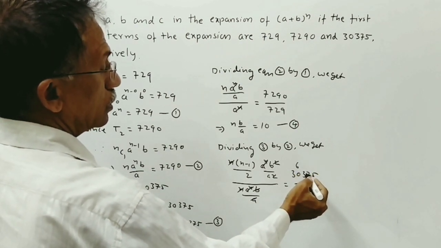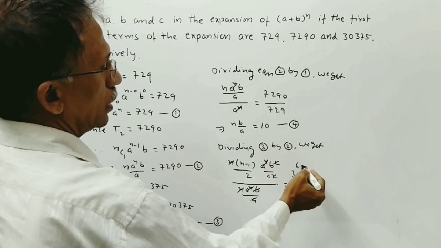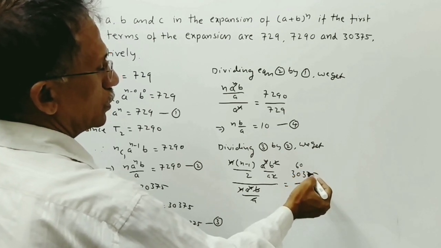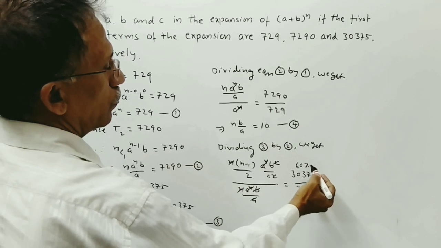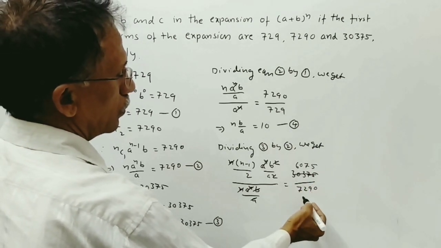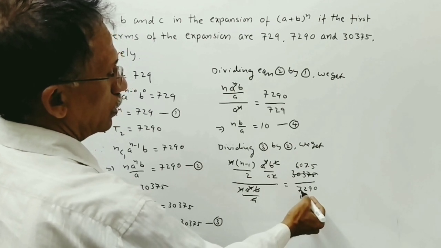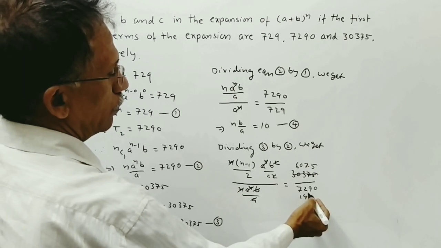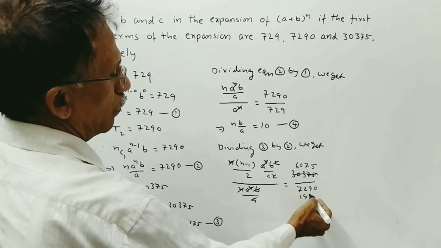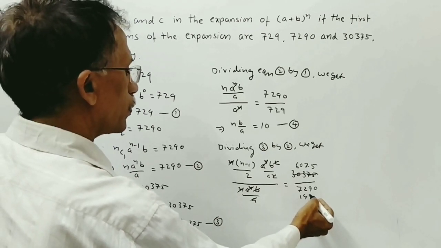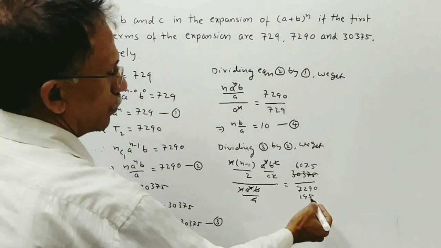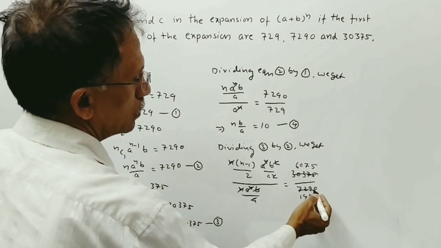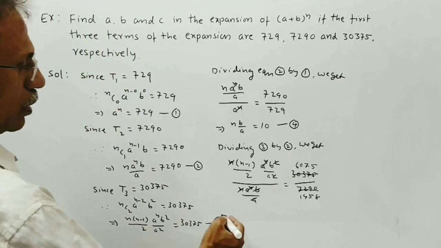5 6s are 30, 0, 5 7s are 35, 5 5s are 25, 5 1s are 5, 5 4s are 20, 5 5s are 25, 5 8s are 40.